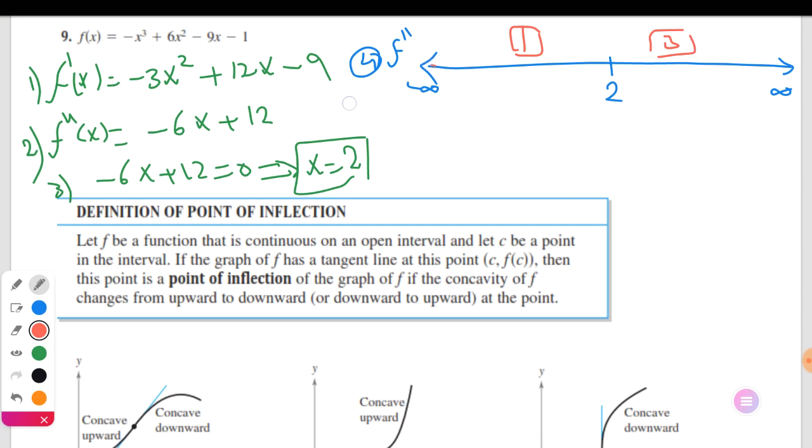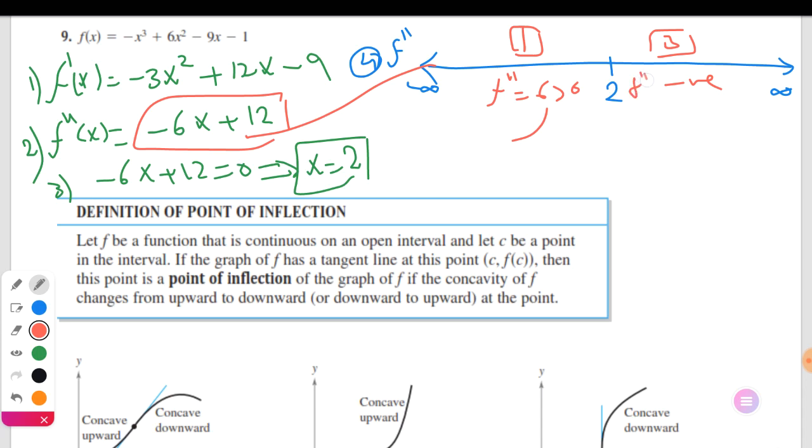If I replace by 1, negative 6 plus 12, it will be 6, greater than 0, concave upward. For 3, it will be negative 18 plus 12, which is negative 6, less than 0, concave downward.